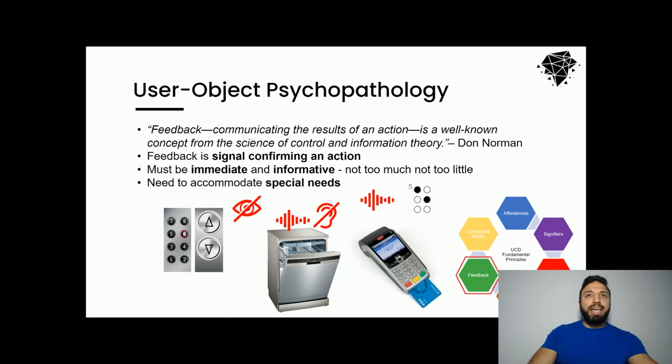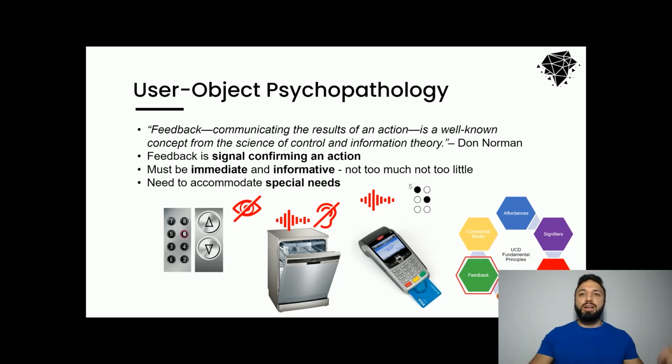Feedback is, again, a communication signal that you need to consider when you are designing a product. The normal definition, communicating the results of an action, is a well-known concept from the science of control and information theory. So feedback is a signal confirming an action was done.